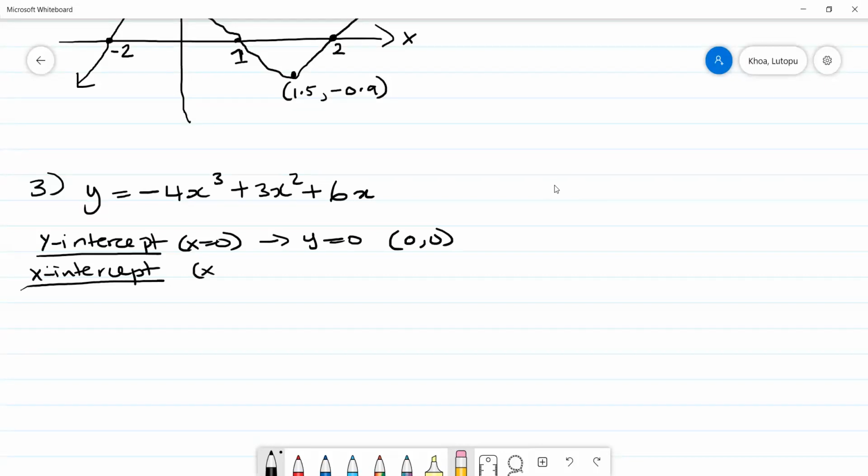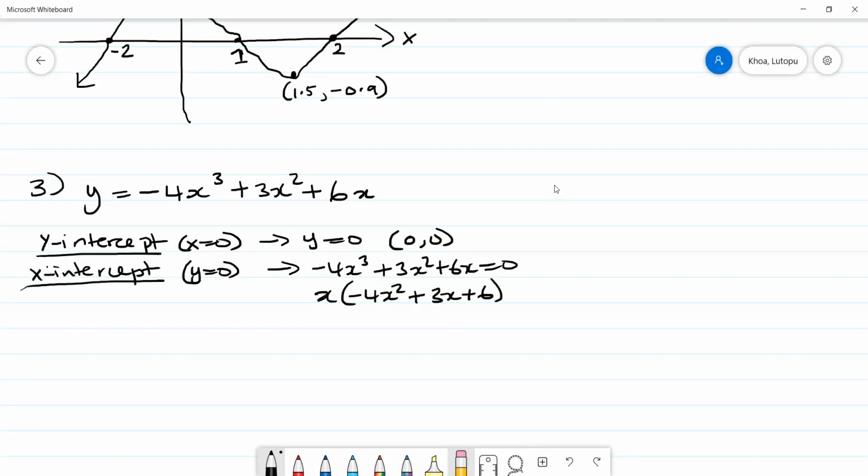And then for the x-intercept, y is equal to 0. So we have minus 4x cubed plus 3x squared plus 6x is equal to 0. So x is a common factor, so take it out. Minus 4x squared plus 3x plus 6 is equal to 0.